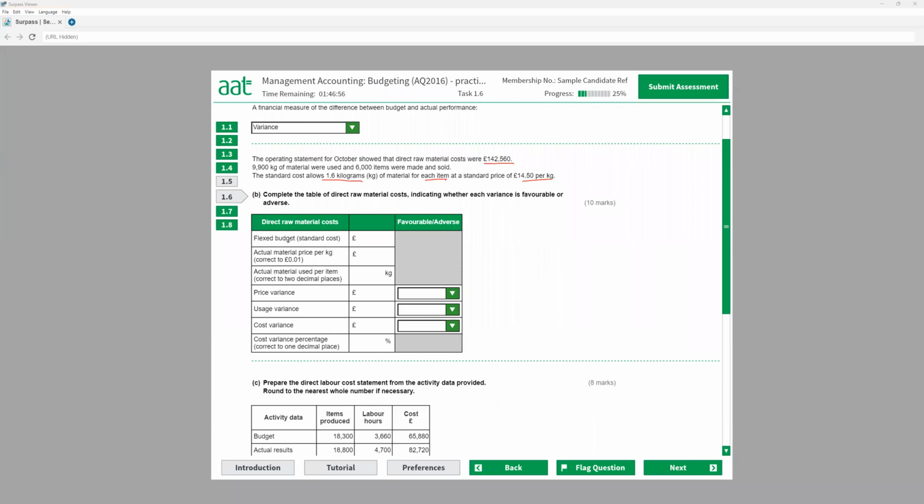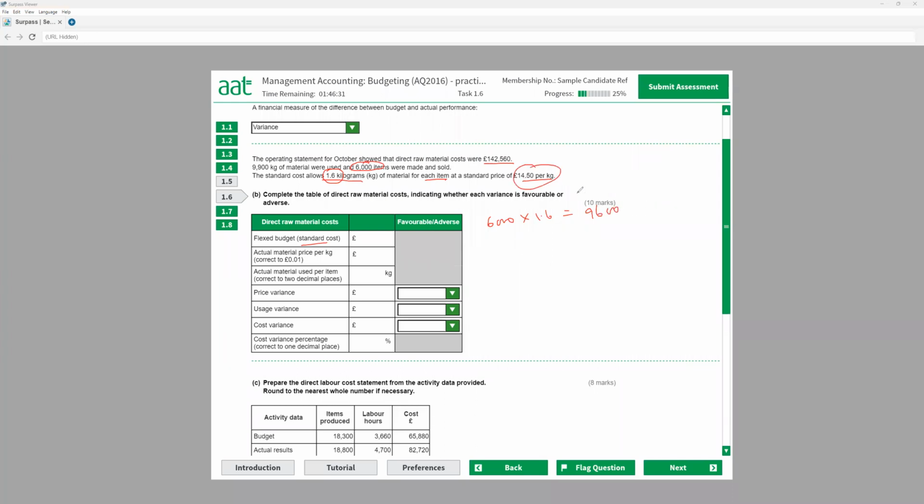Okay, so you have a flex budget, a standard cost. How much is the cost supposed to be based on my plan? I make 6,000 items, and each item should take 1.6 kilograms. So I should use 6,000 times 1.6, that is 9,600 kilograms.